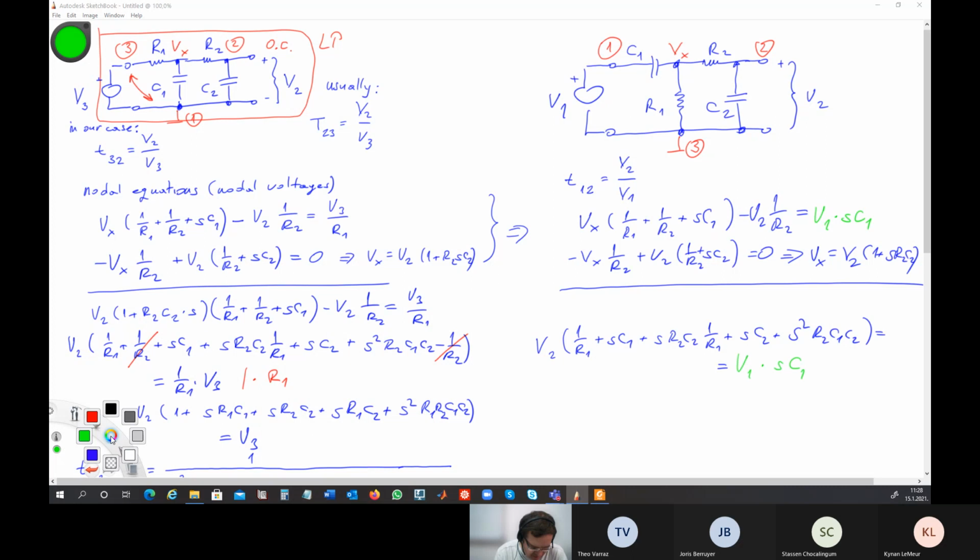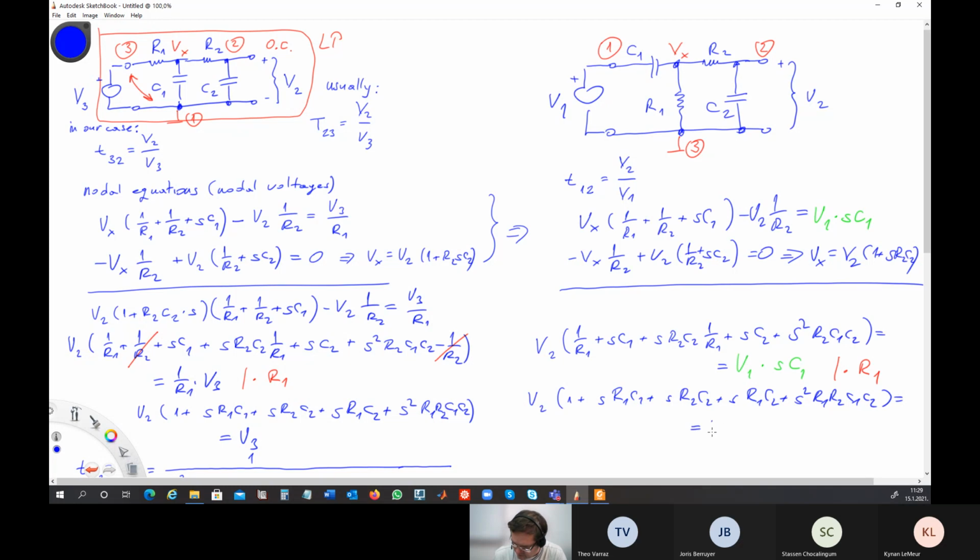And now all we have to do is to multiply it by R1, and we have again the same left side, V2 (1 plus S R1 C1 plus S R2 C2 plus S R1 C2 plus S square R1 R2 C1 C2), and this is equal to V1 times S R1 C1.